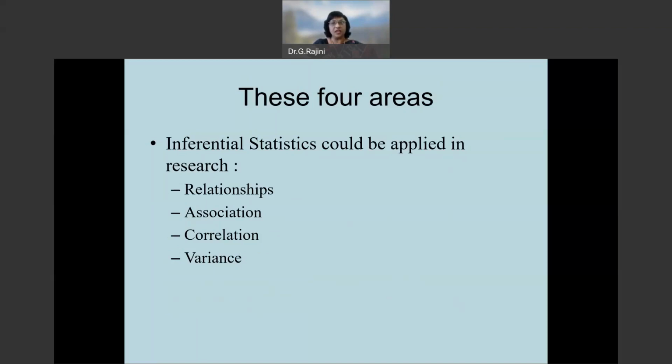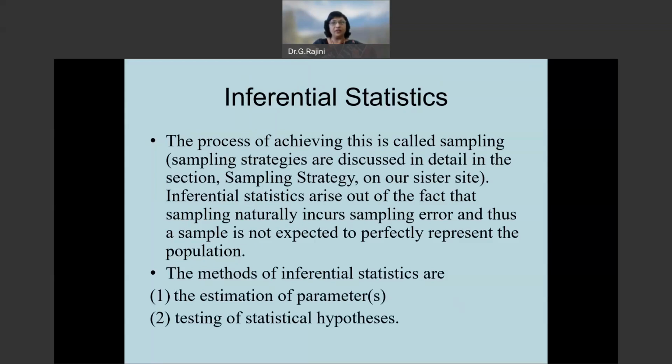So in inferential statistics, we could find out the relationship, the association, the correlation, and the variance. Inferential statistics is nothing but a process of achieving this through sampling. Sampling strategies, we have already discussed in detail. Inferential statistics arises out of the fact that sampling naturally incurs some sort of sampling error.